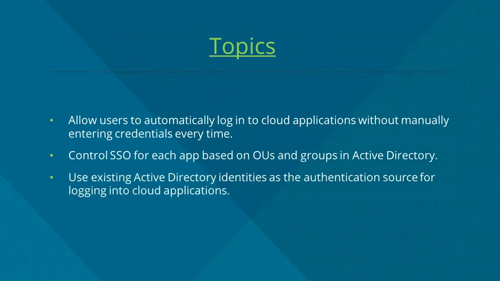And then finally, I showed you how we can use the existing Active Directory identities as the authentication source for logging into cloud applications. So like I'd shown you, when you log in to the respective cloud applications like mail.zoho.com, when you are not logged into AD Self-Service Plus in any other tab, then you will be redirected to the AD Self-Service Plus authentication, where you give in the user's AD authentication credentials, like how I had done for Eddie, and you'll be successfully signed in.